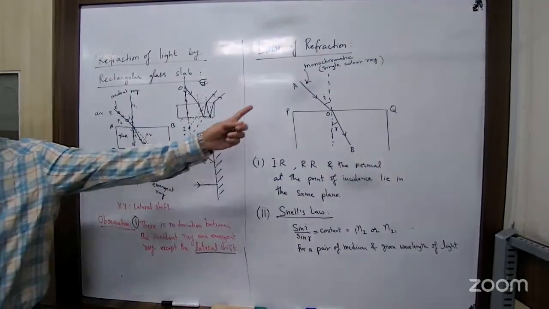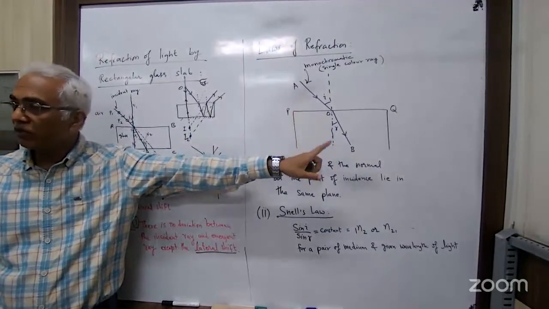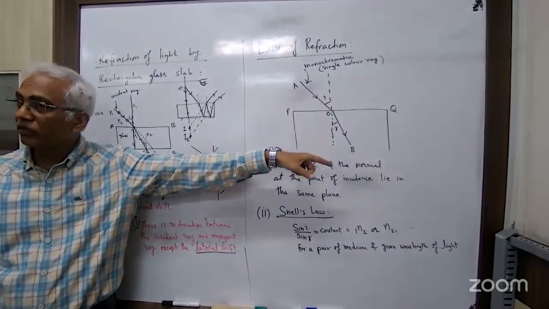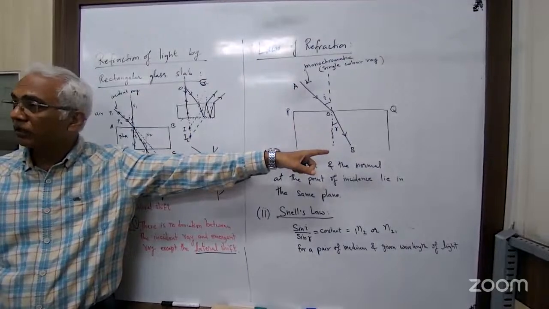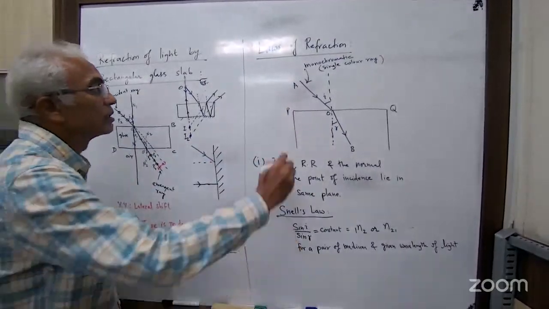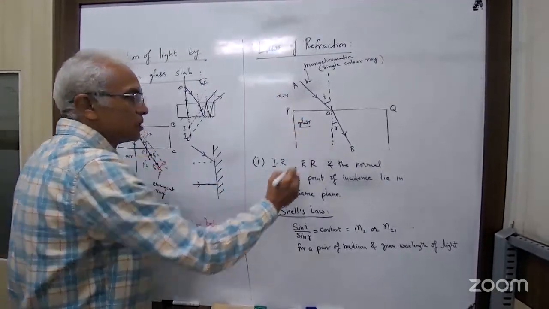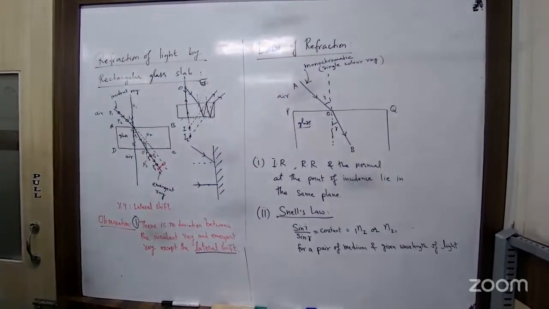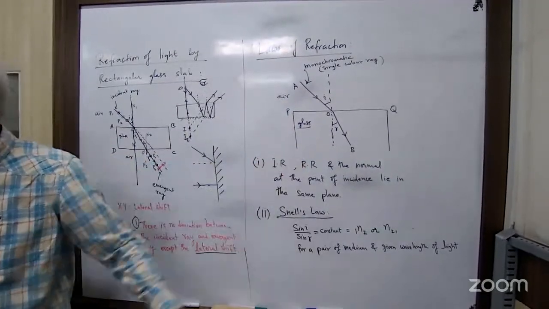So if you take light of red color, the deviation will be different. If you take green color, the deviation will be different. Got it? When same pair, air and glass. So this is air and glass. Change the color of light for the same pair of media, the bending will change. Okay, we'll explain in the next class.